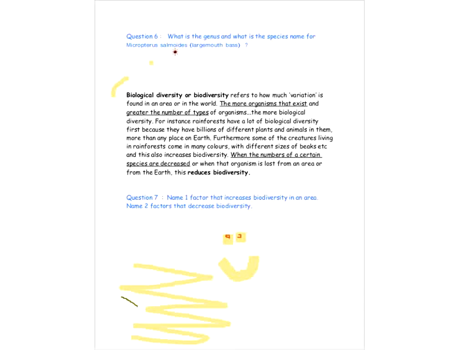Now, can anyone tell me what extirpation is? Okay. Whole species dies in one area. That's right. So if it's one area, then it's extirpation.